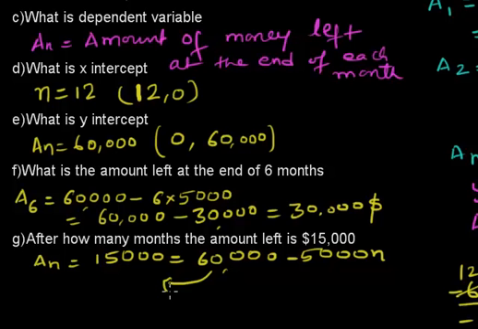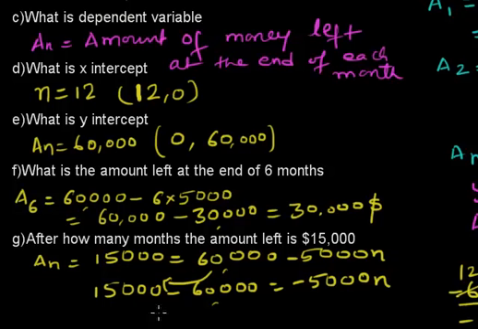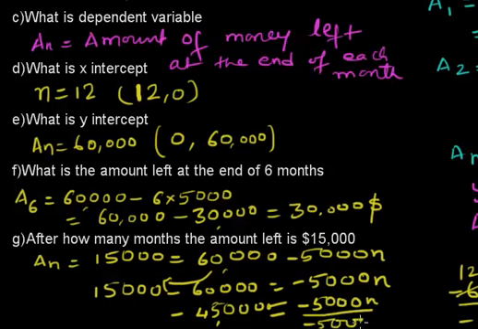I'll shift this value to the other side, and I have 15,000 minus 60,000 equals minus 5,000 n. On this side I have minus 45,000 equals minus 5,000 n. I divide both sides by minus 5,000 to get the value of n.